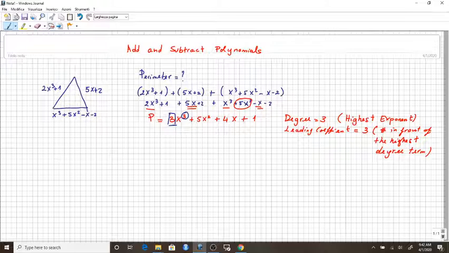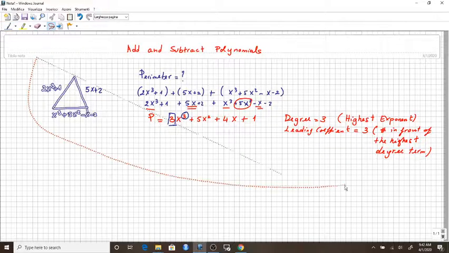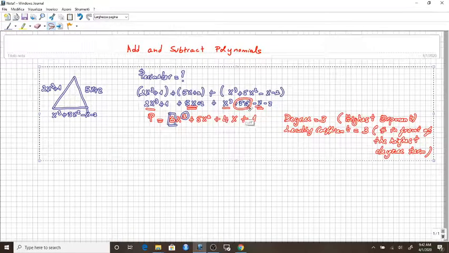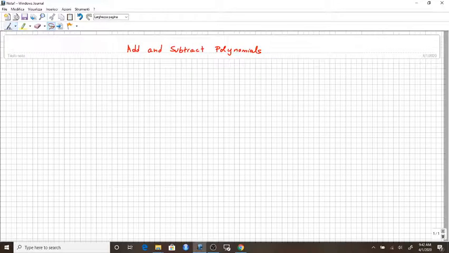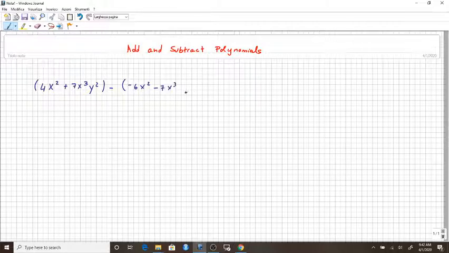Alright, so here is another example. In this example, what we have is 4x squared plus 7x cubed y squared, minus negative 6x squared minus 7x cubed y squared minus 4x, and then minus 10x plus 9x squared.